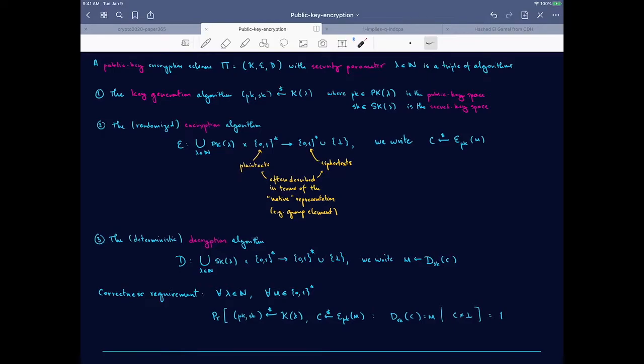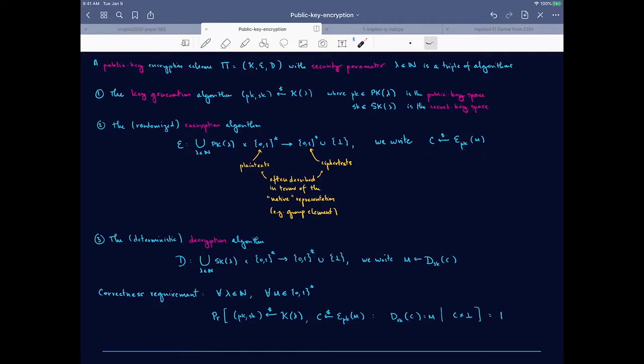We could make a more complicated syntax here where the plaintext space also depends on the security parameter and other things, but it's just cleaner, since we typically won't have to refer to the syntax anyway, to think of encryption as taking in bit strings and outputting bit strings. But when we actually describe the encryption schemes, we'll often talk about plaintext in terms of whatever the native representation is. In any event, our shorthand notation is going to be as it was before.